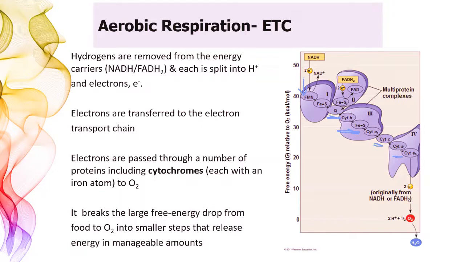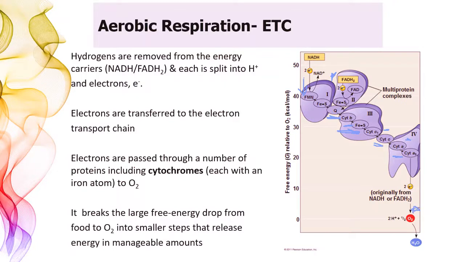For FADH2, the electron from FADH2 will not enter from complex 1, instead it will enter from protein complex 2, and then this electron will next be passed to Q, and then into complex 3, and then cytochrome C, complex 4, and finally reach the oxygen.